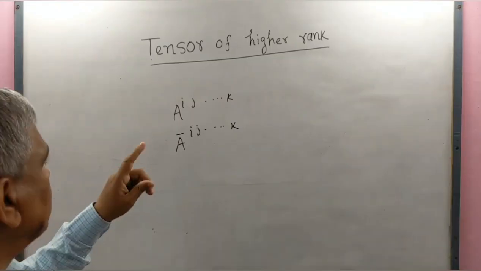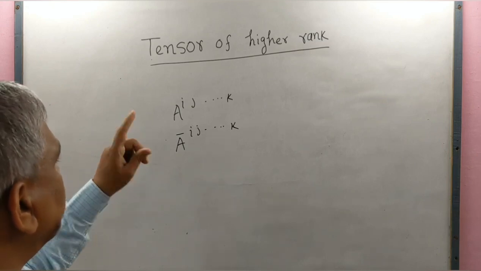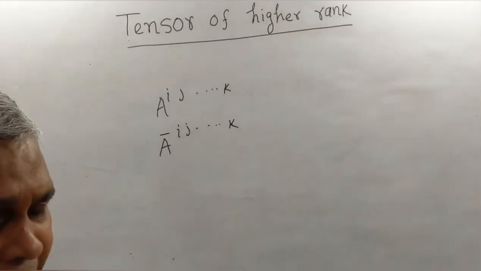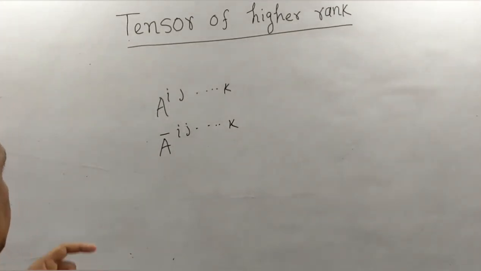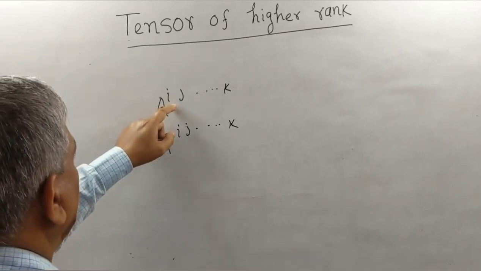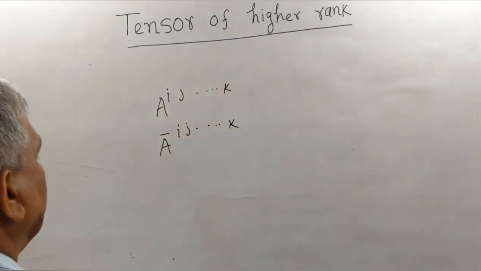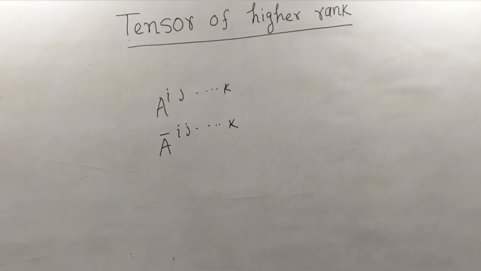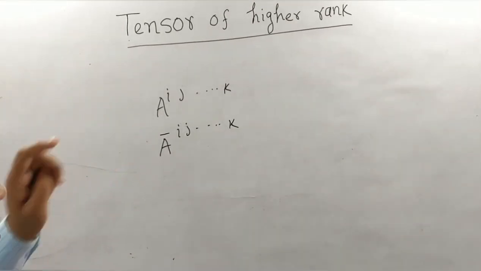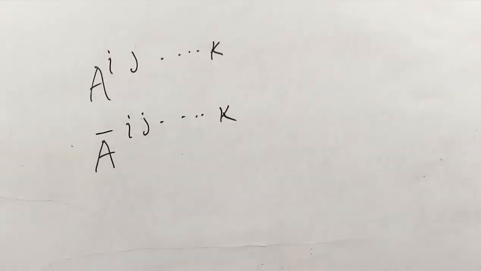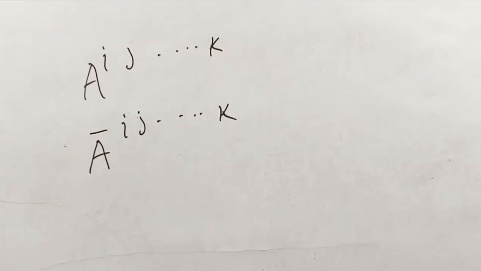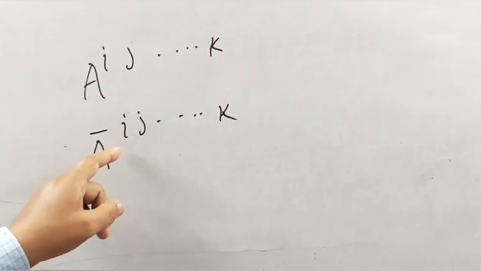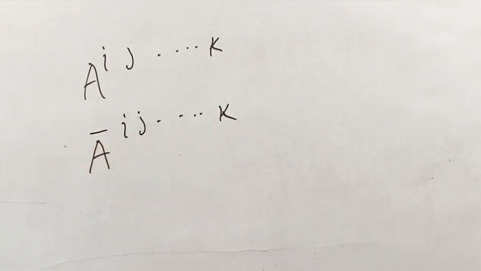Now we discuss tensors of higher rank. Let A^{ij...k} be a tensor in X system of coordinates. This tensor is a contravariant tensor. Its corresponding value in X bar system is A bar ijk.